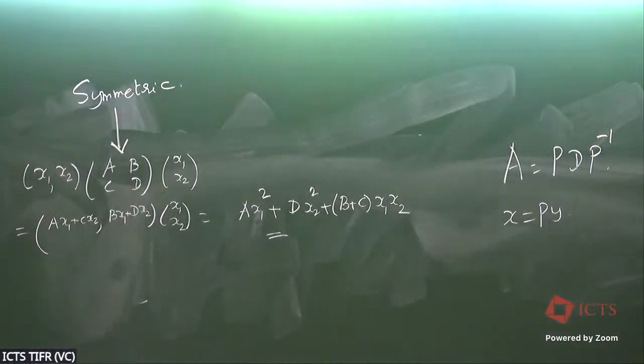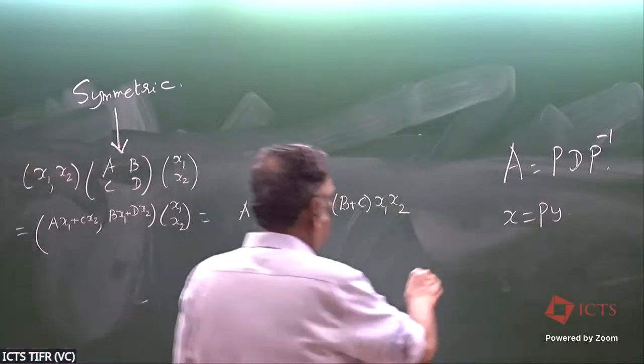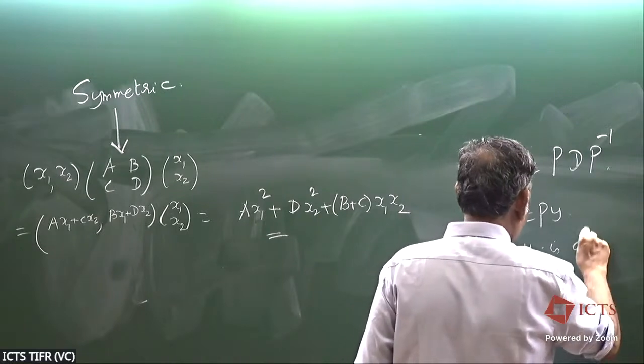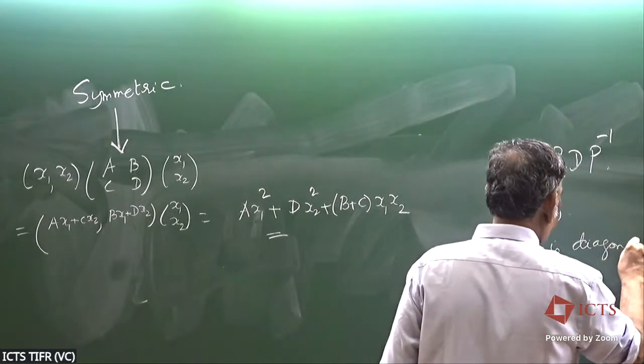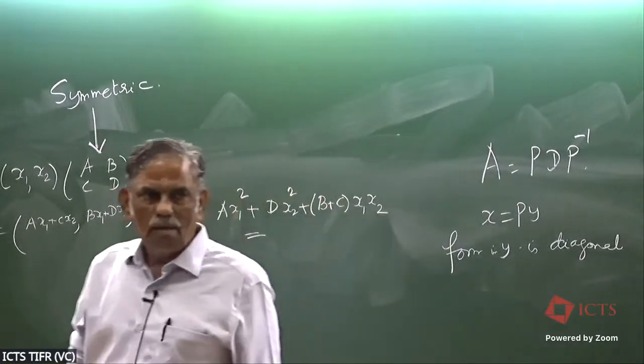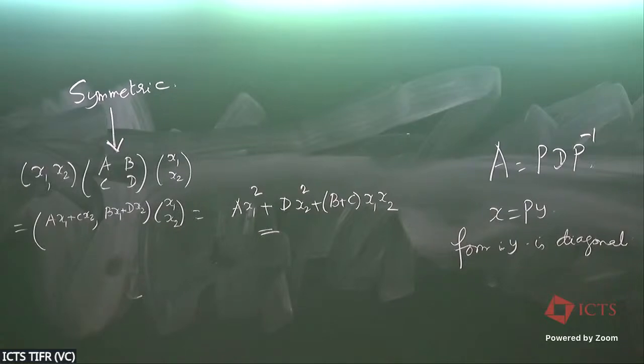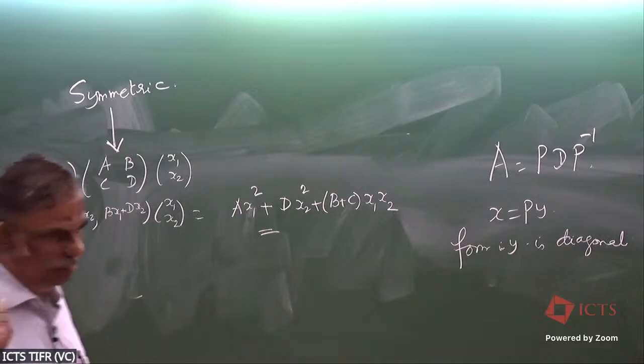Then this form, X transpose AX, becomes a form in Y, and that form will be a diagonal form. Which means by just taking the similar matrix, you can always assume it's diagonal. Therefore, I will be stating the results for a general form, but I will be proving the results only for the diagonal matrix, because in the case of a diagonal matrix, it's easy.